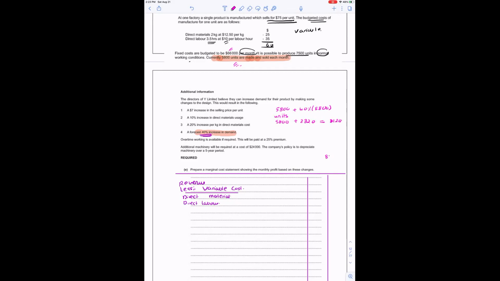So we are going to do everything on 8,120 units. This will be per unit and this would be total.